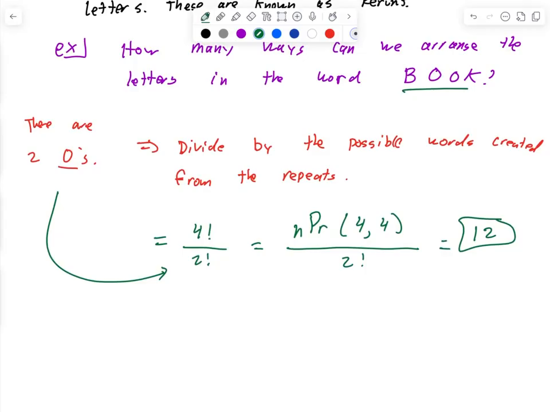We'll do one more example, and I think the next example should click. The word is possibilities.